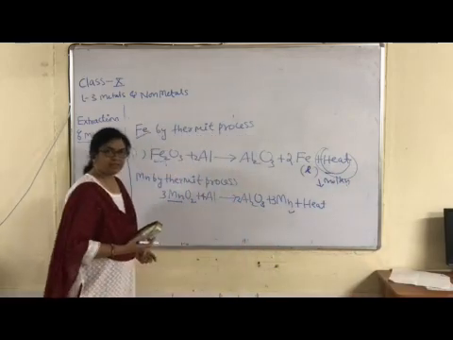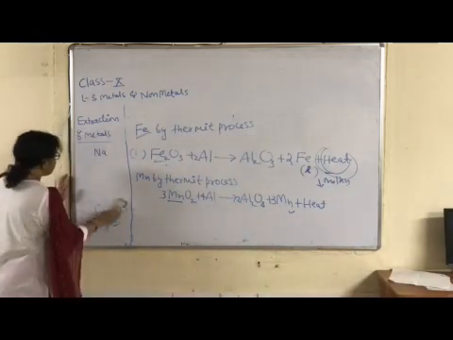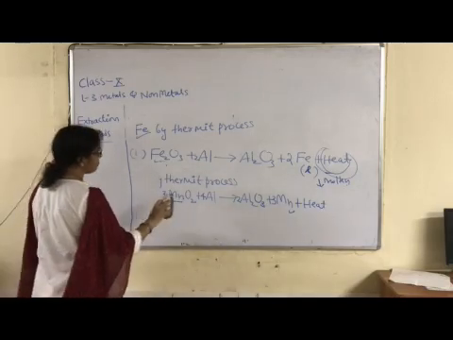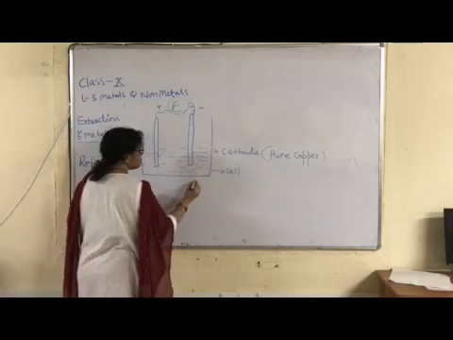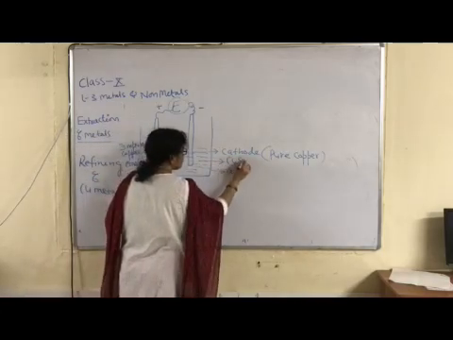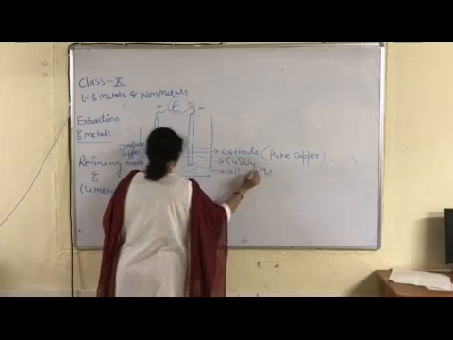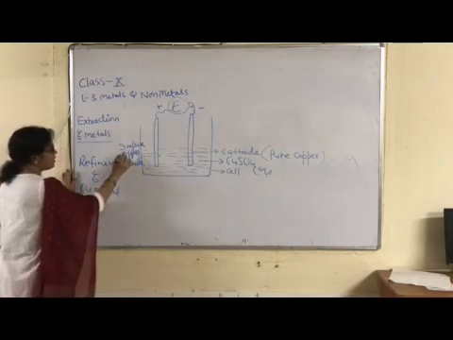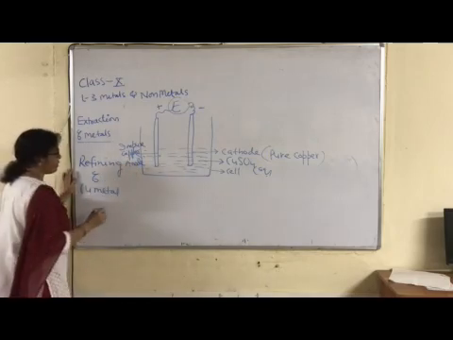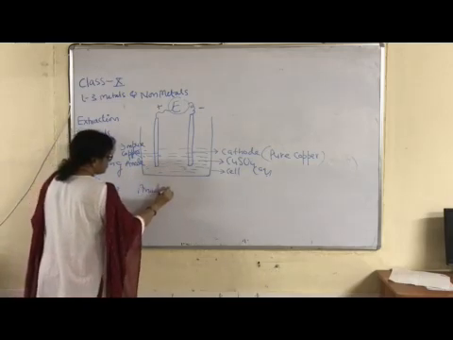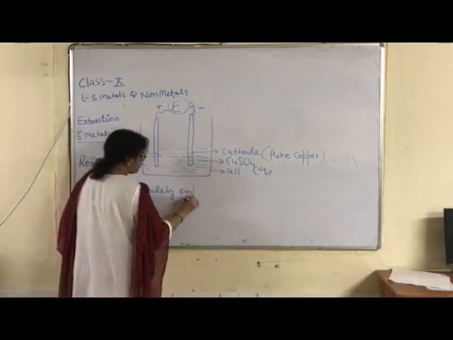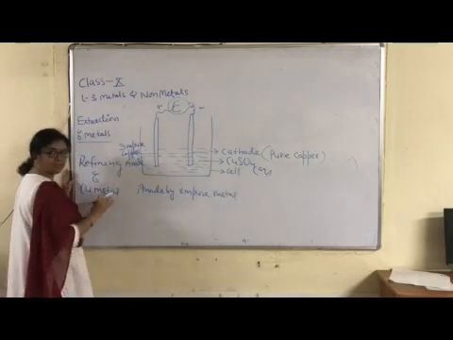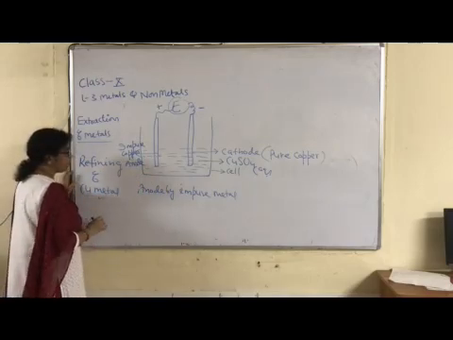Now children, next one is the refining of copper by electrolysis. The important features of this electrolytic cell: your anode is made by impure metal. And your impure metal is copper, because this cell is set up for refining of copper, right?